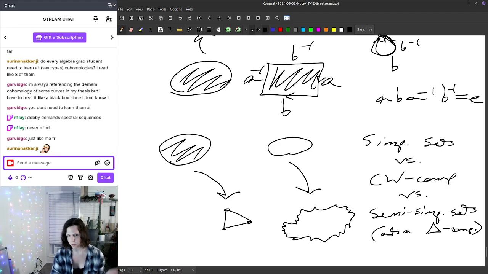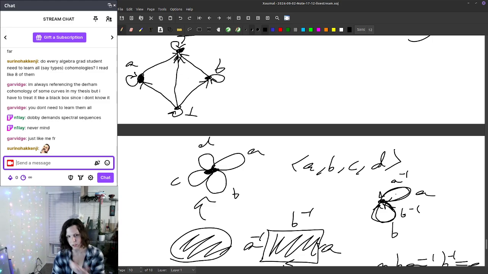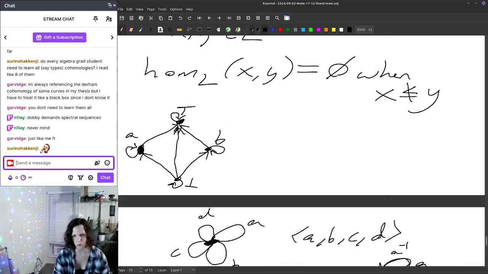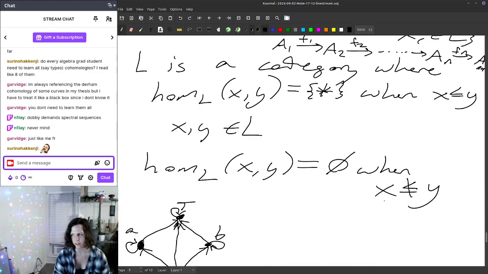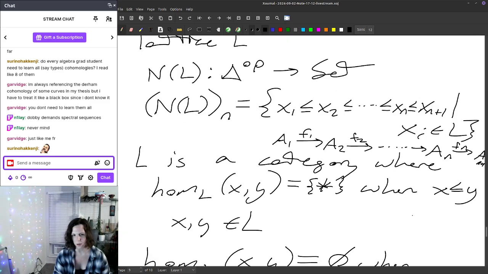So this is what I was wondering, which I'm not going to actually get to figure out very much in the stream, since we talked about who's better at math or whatever, and a lot of generalities about homology.